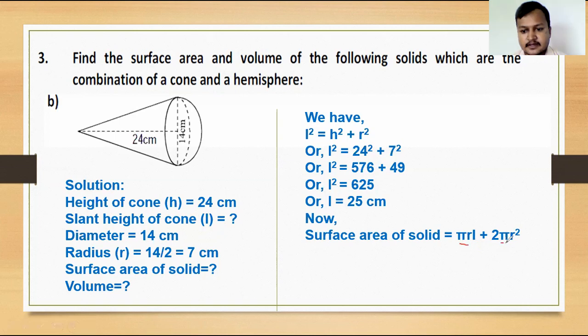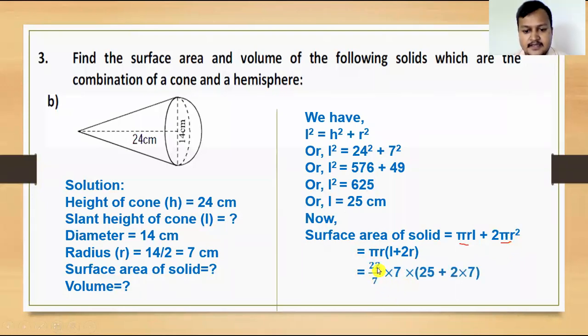Pi r is common, or we can put values directly also. Taking pi r common, we can write L plus r or r plus L, that's your choice, what you want to do. Here I have taken pi r common, and L plus 2r is remaining. L is remaining from the first, 2 as well as r. There is r square, but one r is taken common, so 2r remains.